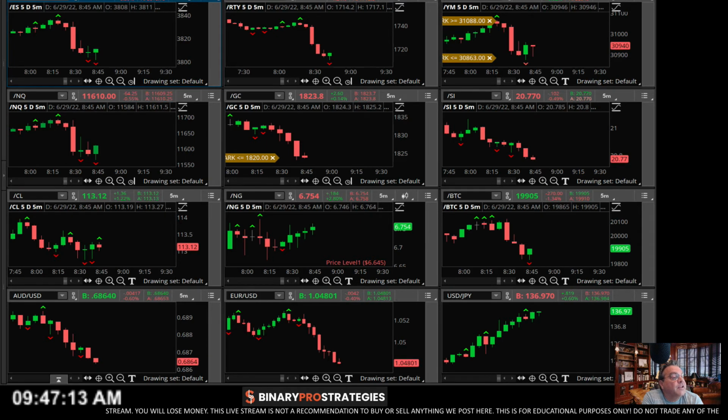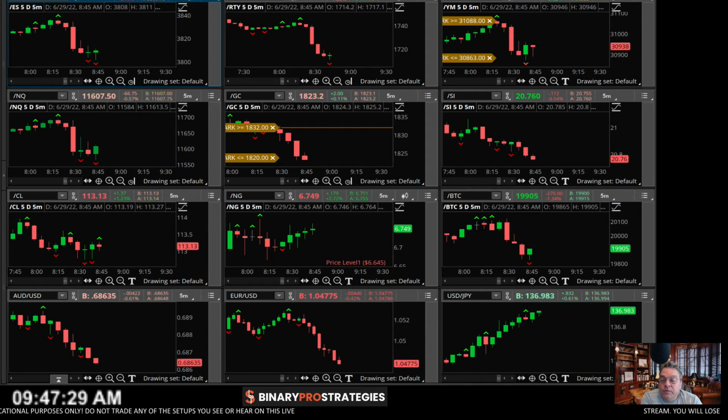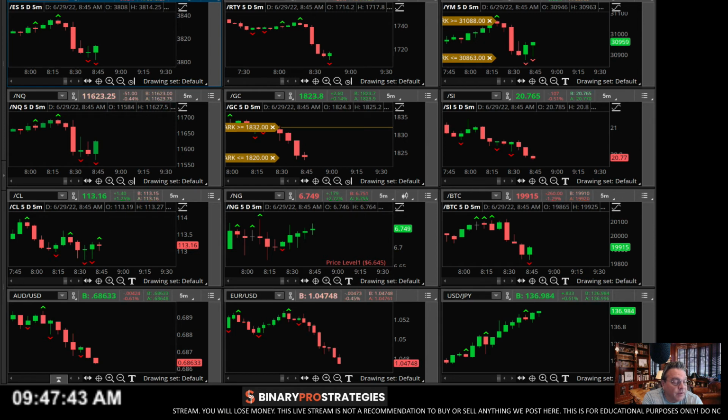So that reversal will be 1832 if we don't hit target. All right, so short gold, long natural gas, and mini Dow still hanging in there as a long, just not moving. Nothing yet on the currencies. Never got the double on the yen.